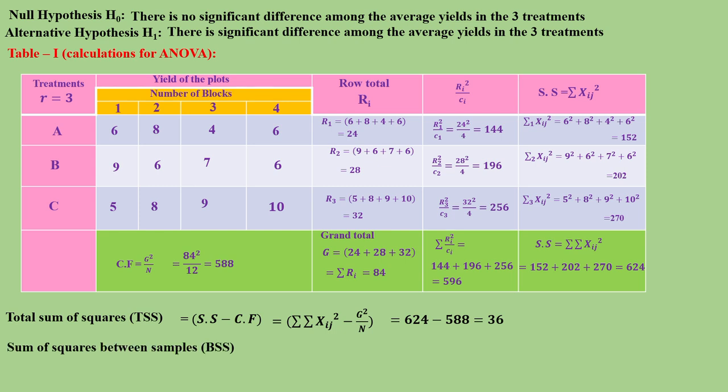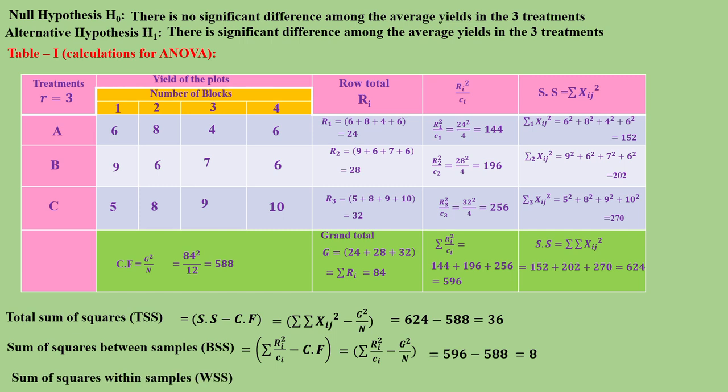Next, sum of squares between the samples, BSS. Formula: summation Ri square by Ci minus CF. From the table, 596 minus 588, that is equal to 8. Then sum of squares within sample, WSS. Formula: TSS minus BSS, 36 minus 8, that is equal to 28.